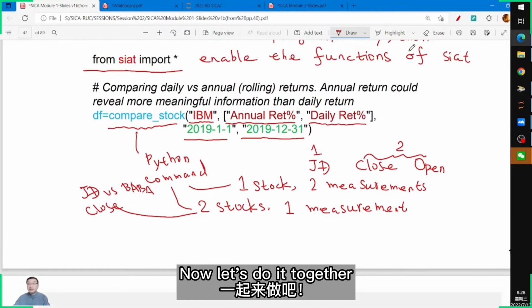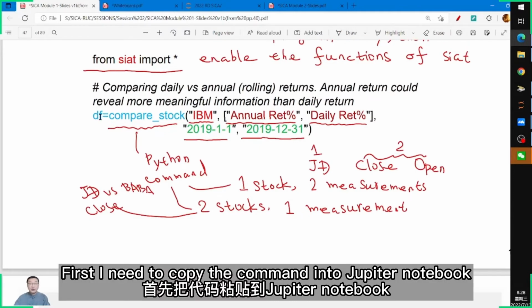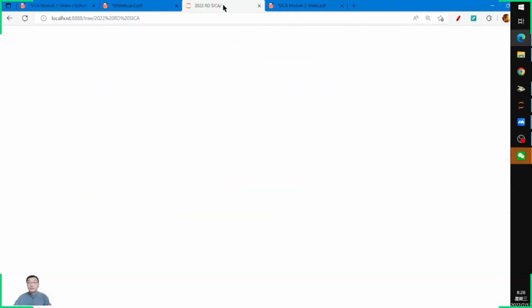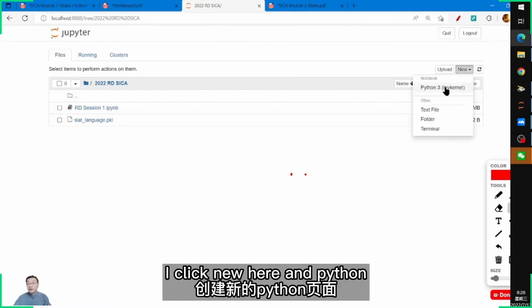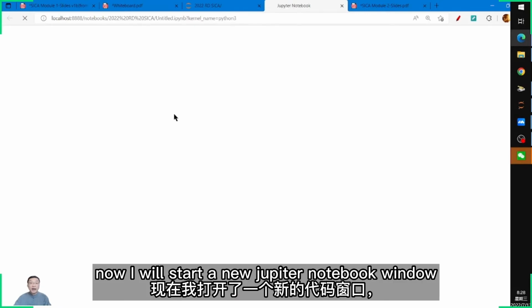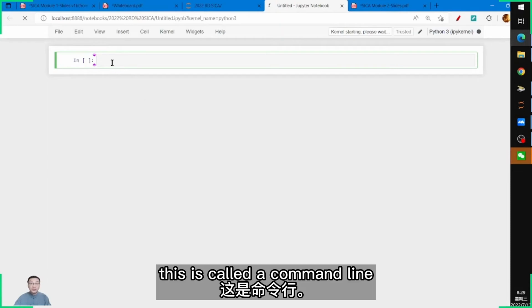Now, let's do it together. First, I need to copy the command into Jupyter Notebook. I click New here, and Python. Now, I will start a new Jupyter Notebook window. This is called a command line.